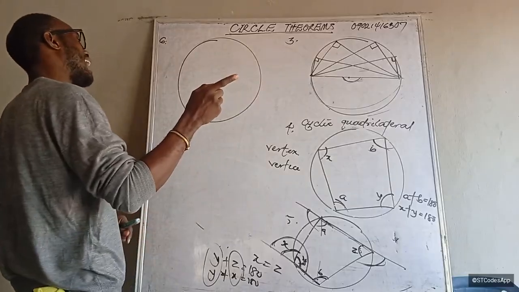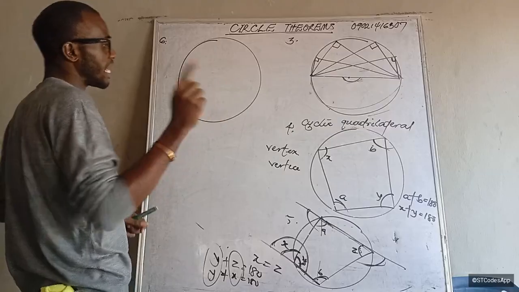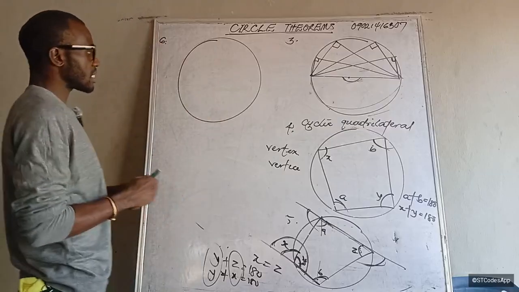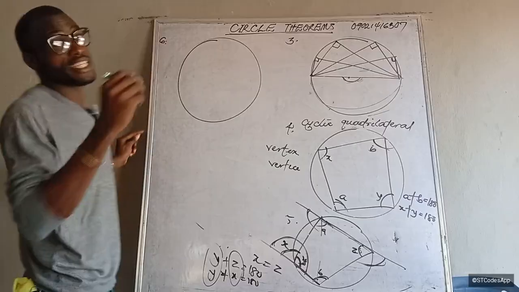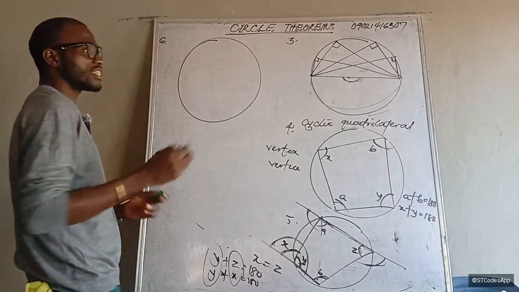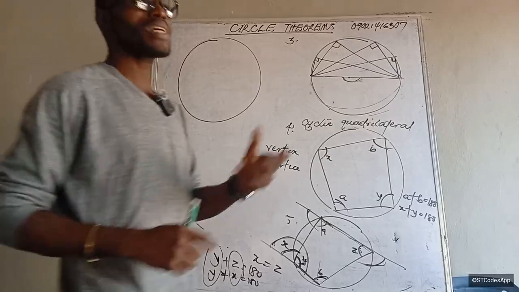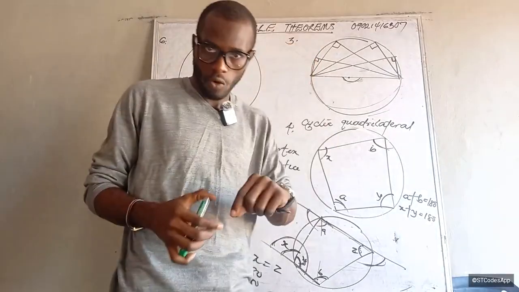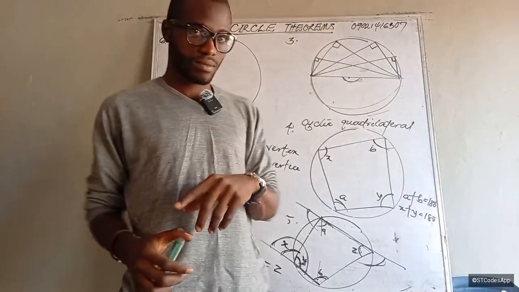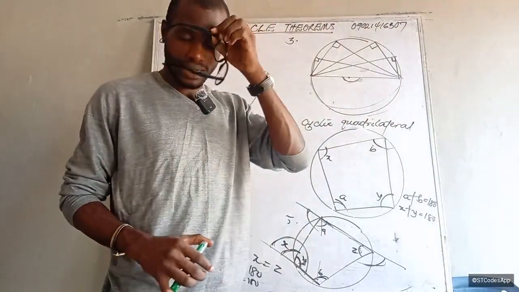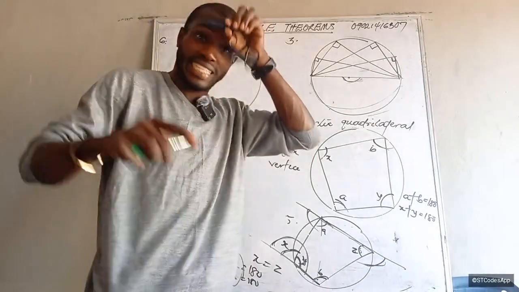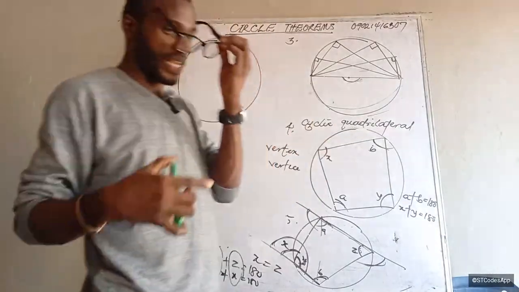Now, listen, a radius is always a perpendicular bisector of the tangent at a point on the circle. I repeat that.